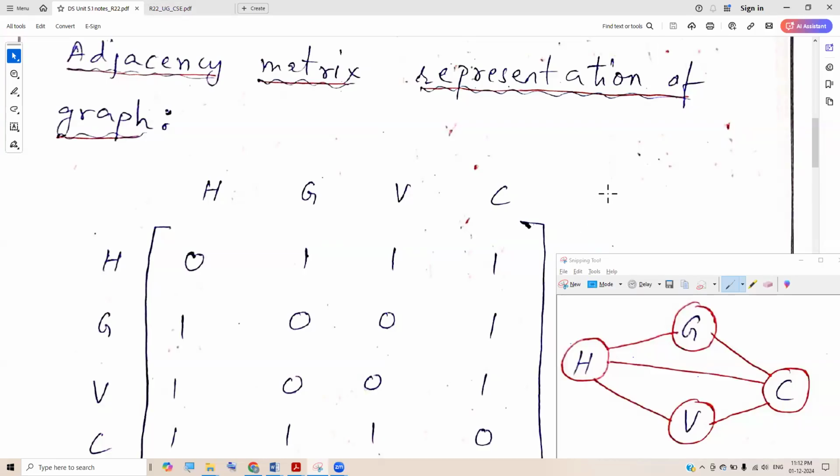First of all, why do we need such representations? This is because a computer can process numbers. How does a computer process graphs diagrammatically? It cannot. So that is the reason we are giving the adjacency matrix. A matrix representation a computer can process easily.